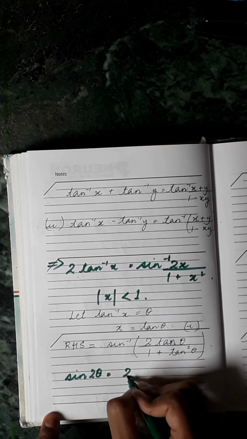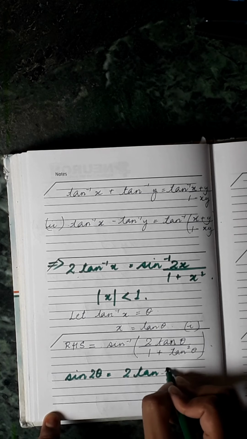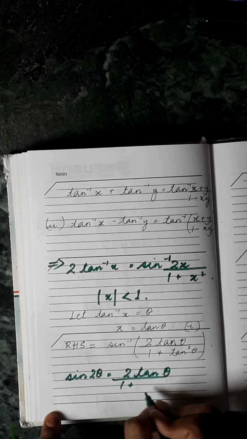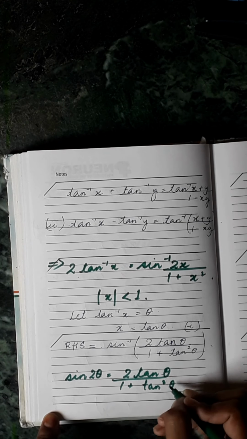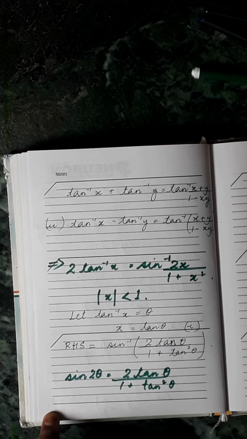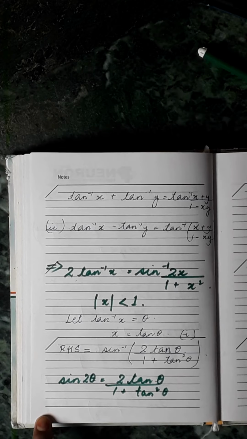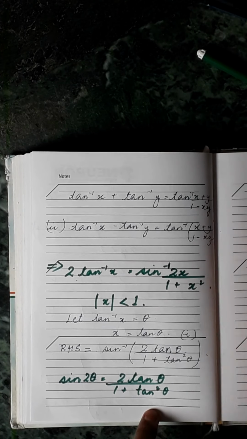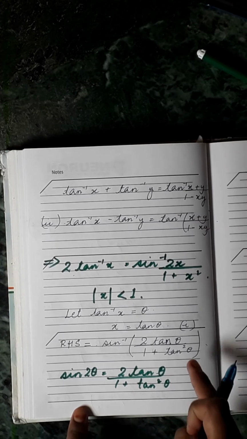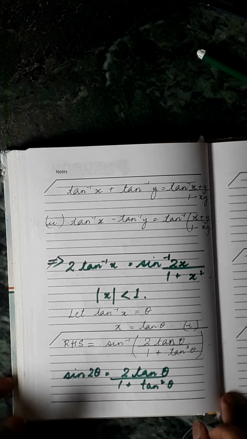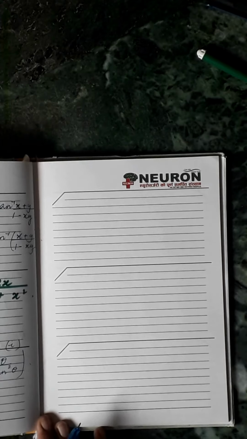Sine 2 theta is equal to 2 tan theta upon 1 plus tan square theta. So what will you do here? In place of this you will write sine 2 theta using this identity.